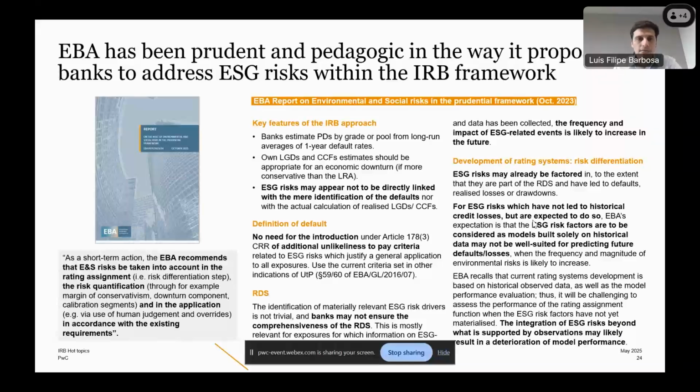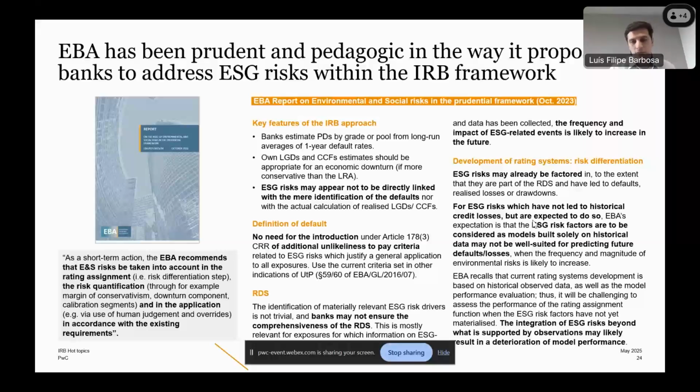We have the right mechanisms in terms of identifying defaults. Indeed, the definition of default that was put forward back in 2016 already has sufficient flexibility to cope with other indicators of unlikeliness to pay. So the definition of default won't be a case for any bank.